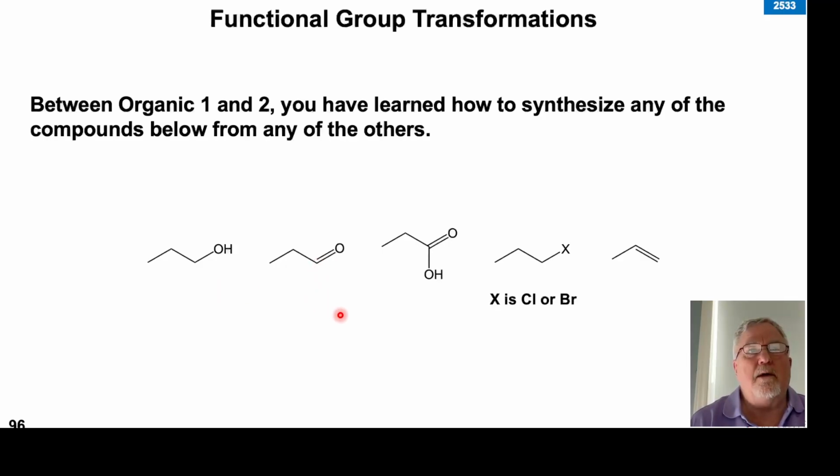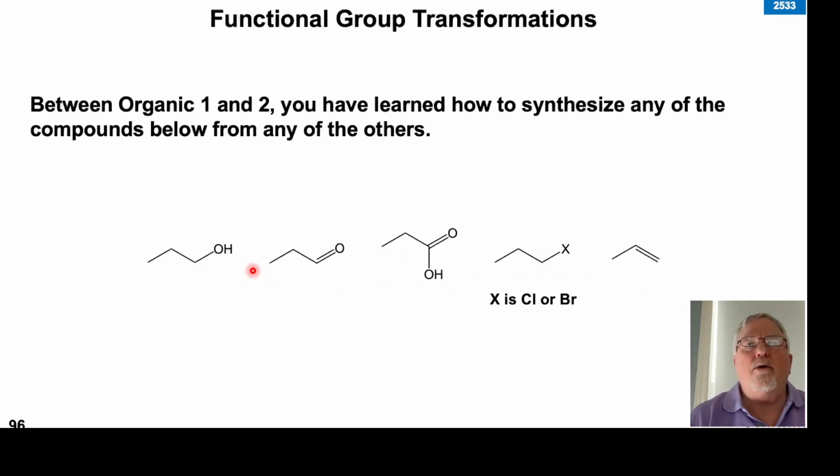This is propanol. We can easily oxidize that to get the carboxylic acid. We can easily convert an alcohol to an alkyl halide, typically chlorine or bromine. That's an easy thing. And we can do an elimination reaction to get this alkene.